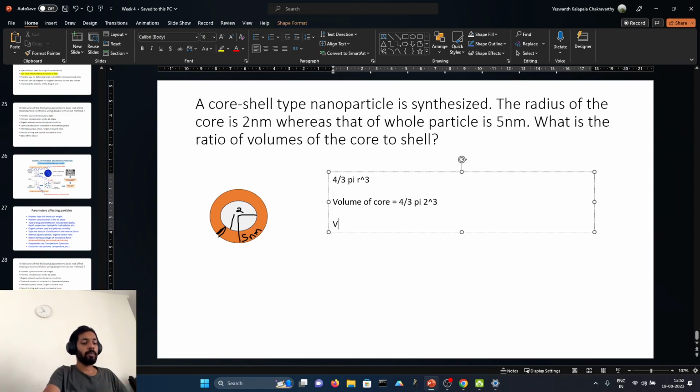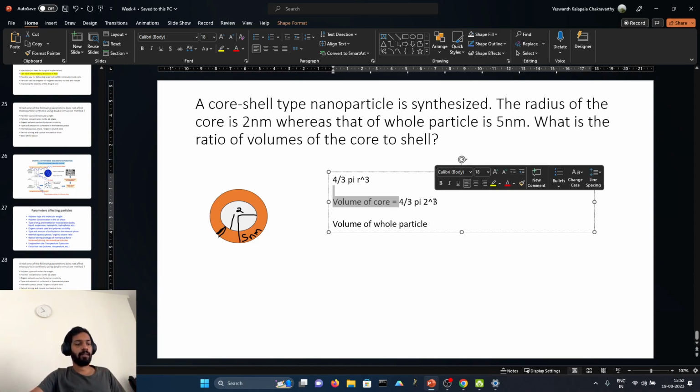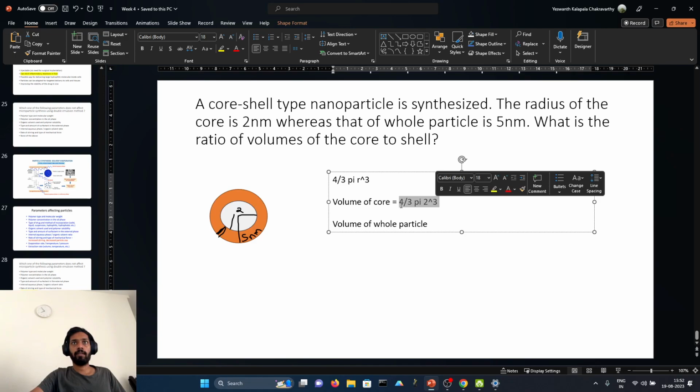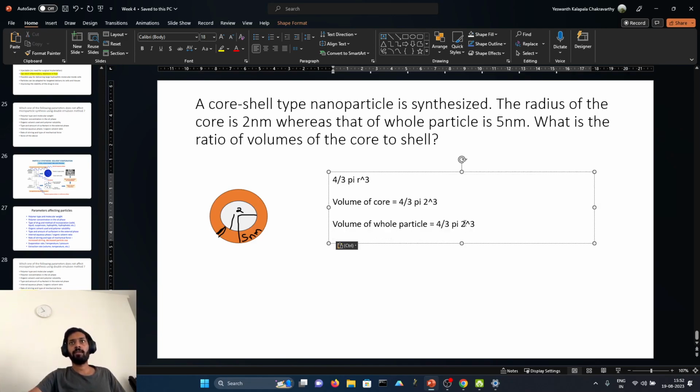Now the volume of the whole particle is basically 4/3 π, the radius of the whole particle is 5, so 5³. Now what they're asking is the ratio of volumes of core to shell.